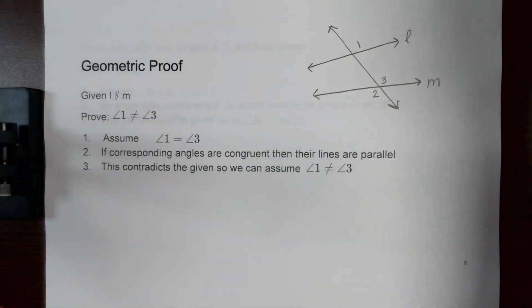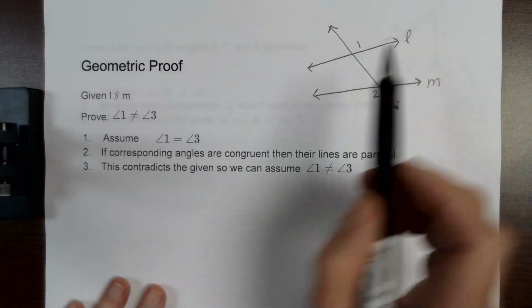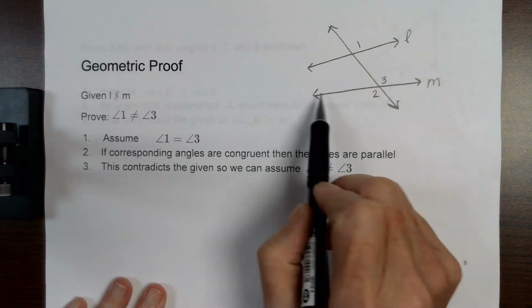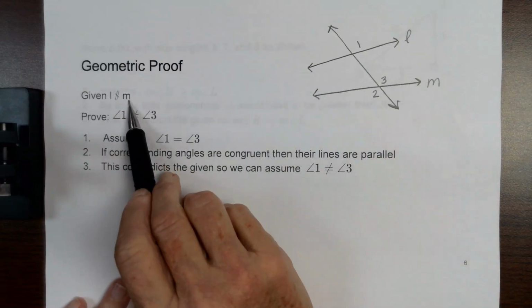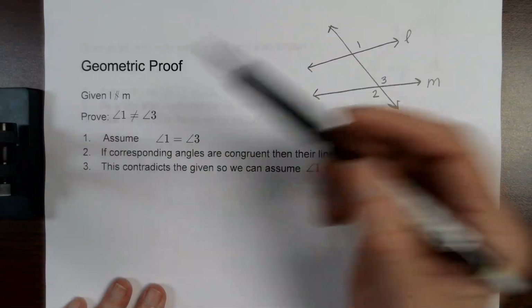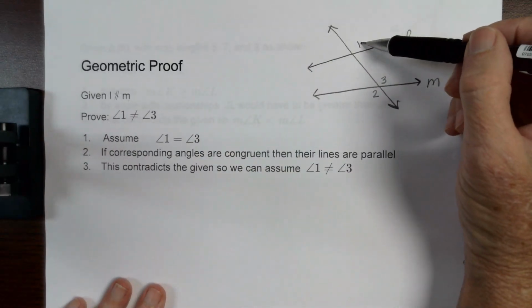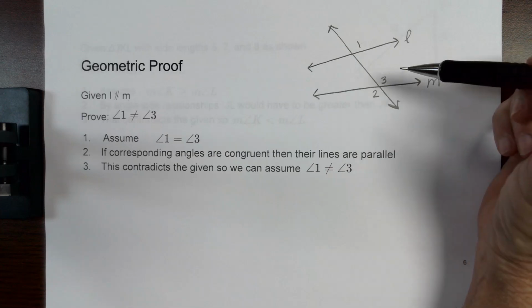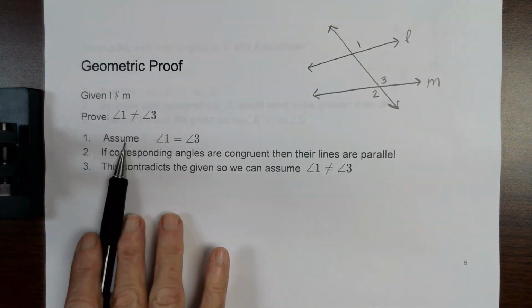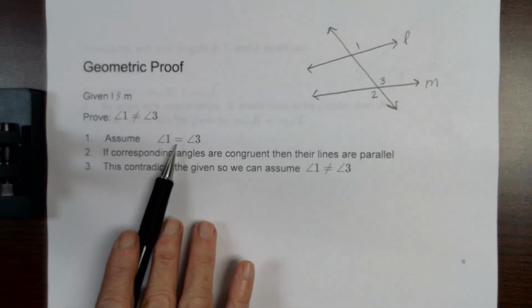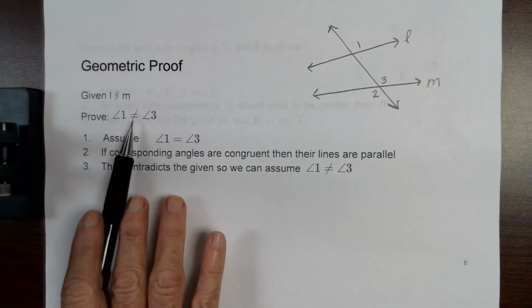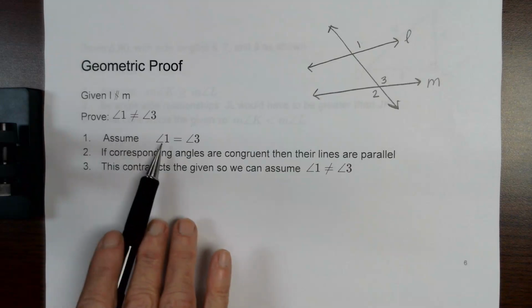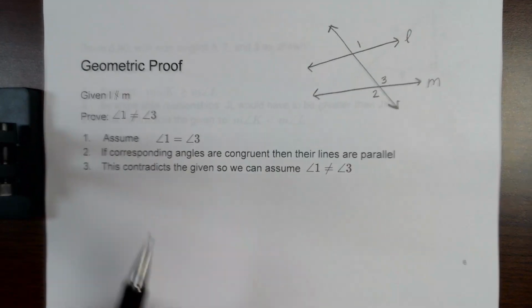Here's a geometric proof. It tells me that L is not parallel to M, and then it says prove that angle 1 is not congruent to angle 3. So I'm going to assume that angle 1 is equal to angle 3.